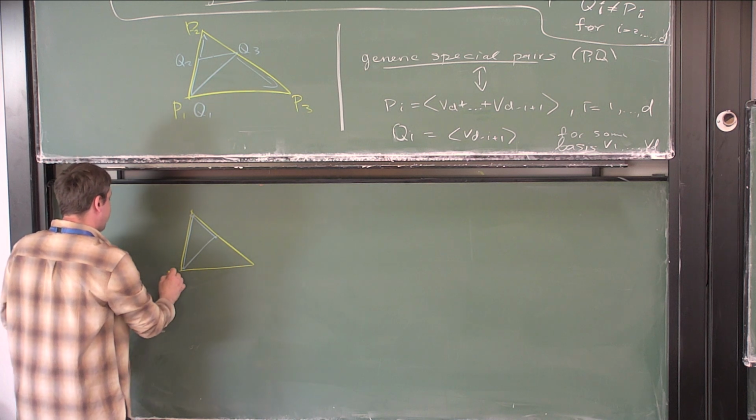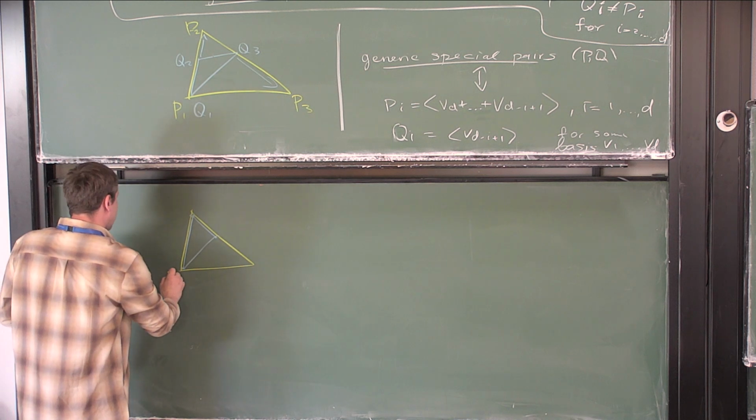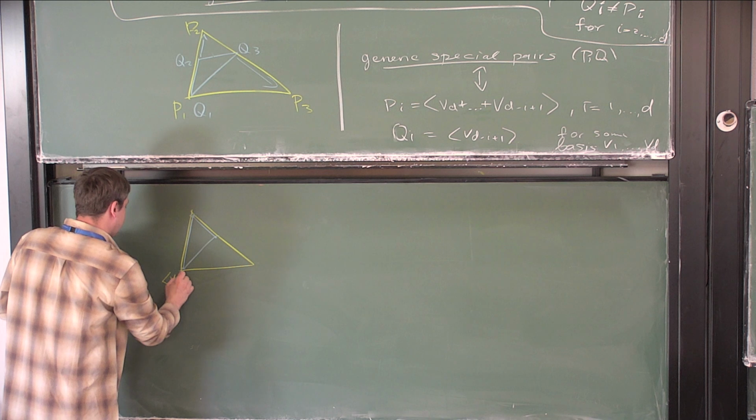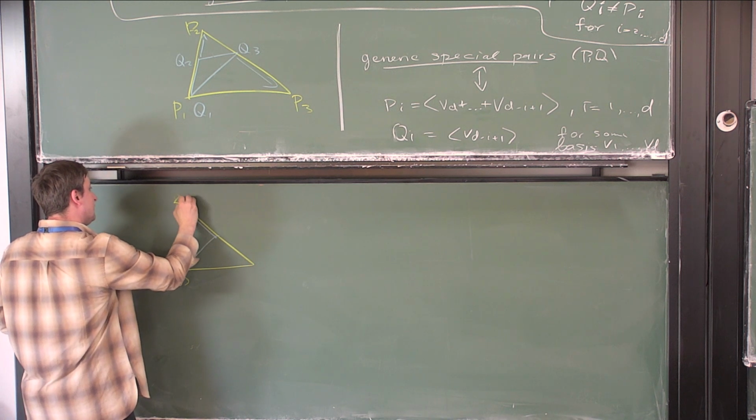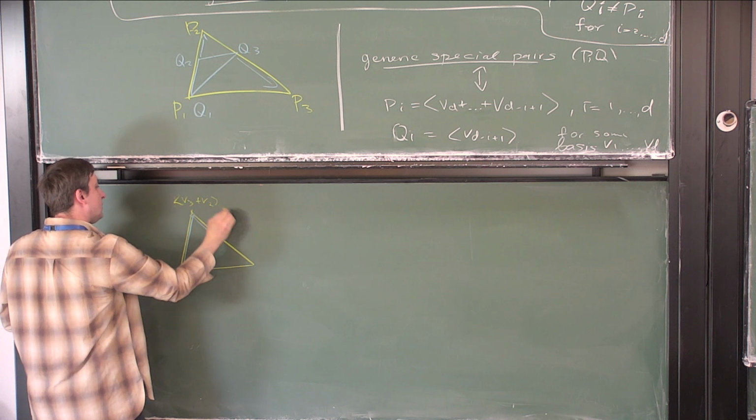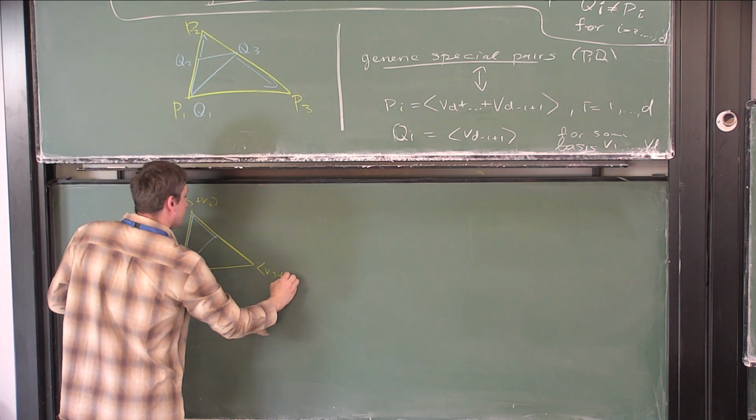Previously I had this as V3, this as V3 plus V2, this as V3 plus V2 plus V1.